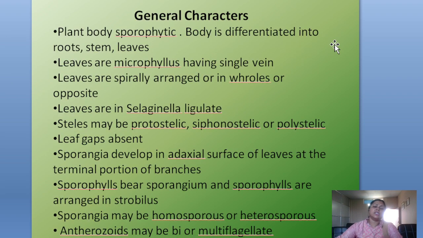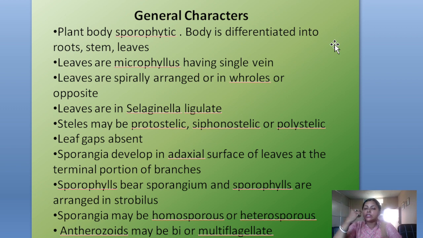So what is the general body you can see? The main plant body is a sporophytic plant body, and the body is differentiated into root, stem and leaves. Leaves are very small, so these are microphylls. In the center it develops a single stele. And the leaves, the arrangement, in Lycopodium it is spirally arranged.